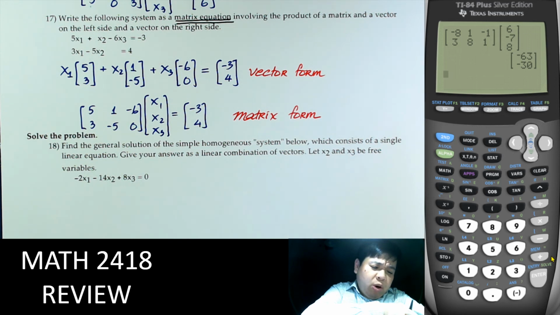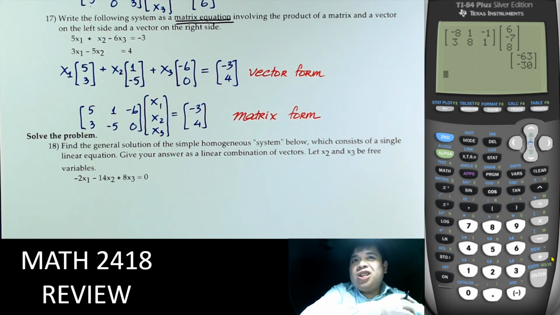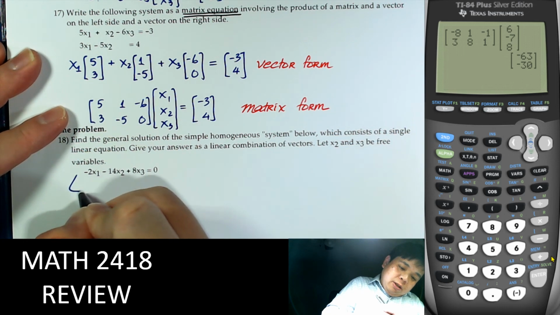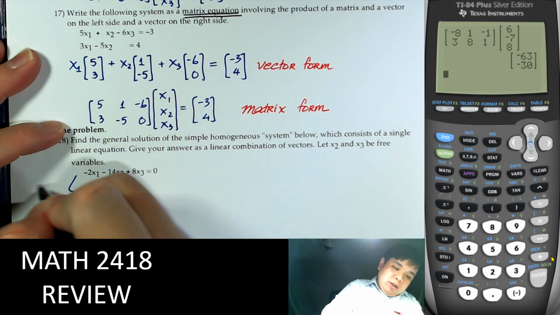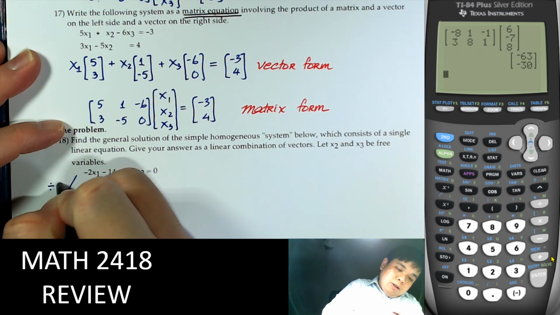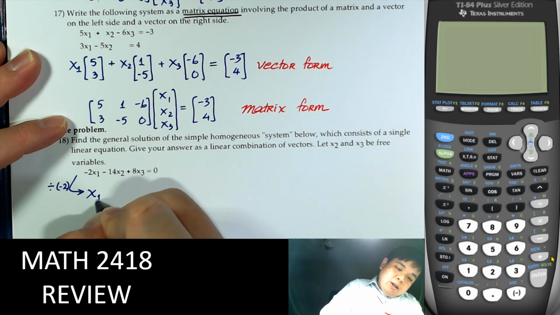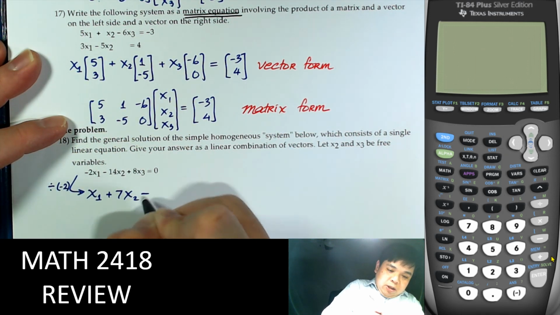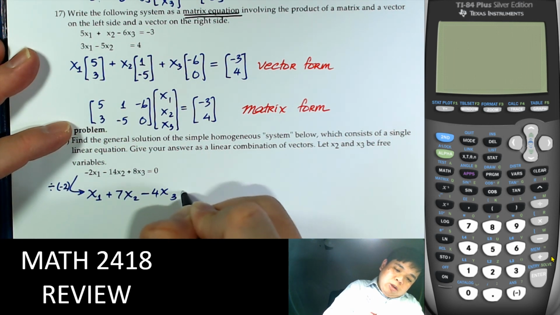The only thing we can see here is that all of them are even, so we divide by -2 on both sides to simplify. That gives us x1 plus 7x2 minus 4x3 equal to 0.